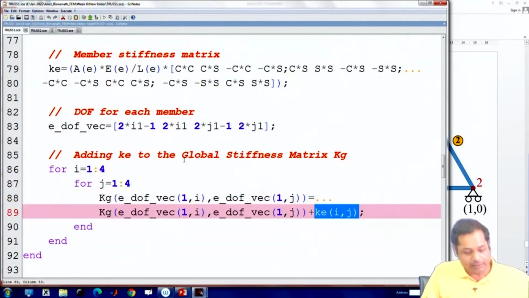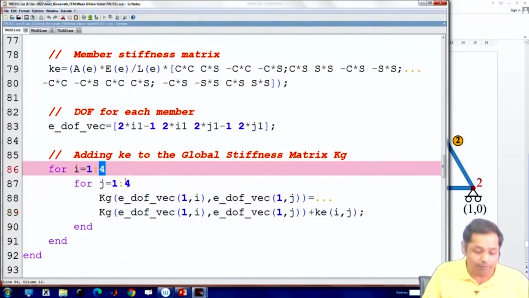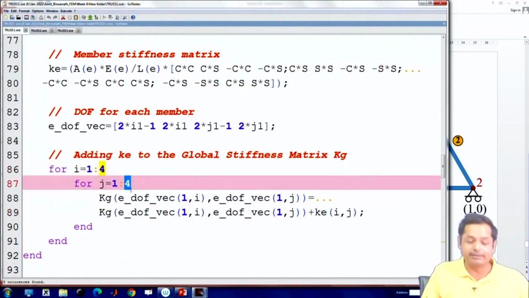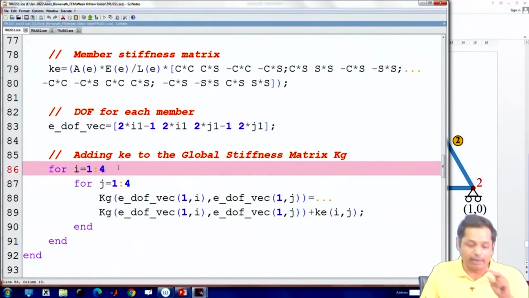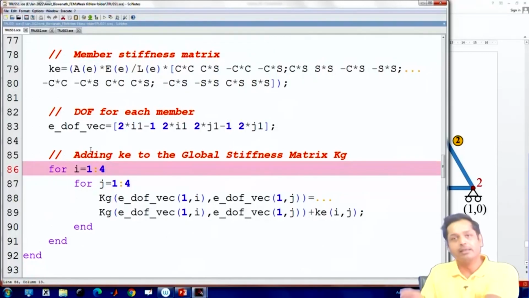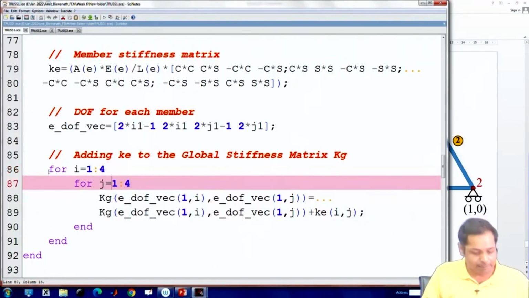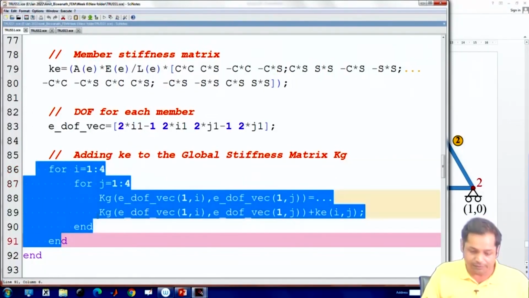Here it is done element-wise: we have a 4 by 4 element stiffness matrix, so instead of 2 by 2 submatrices, every row and every column entry in the element stiffness matrix is taken, and the information is given in the global stiffness matrix. But the idea is the same. So this will give you the global stiffness matrix.